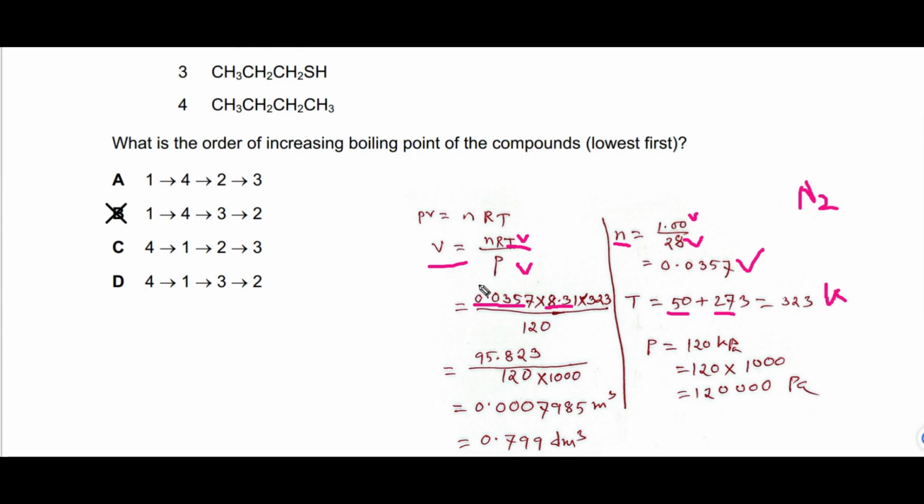I write here P is 120 kilopascal. So 120 times 1000, 120,000 Pascal. If you calculate, you will get 0.007985 meter cube.